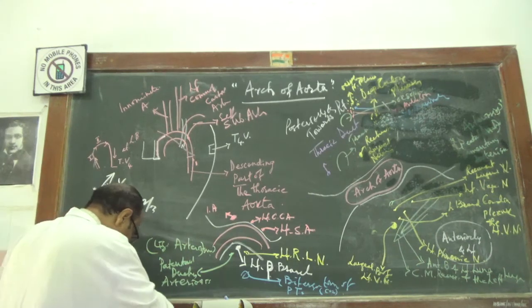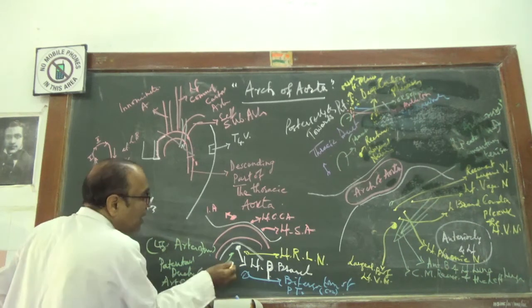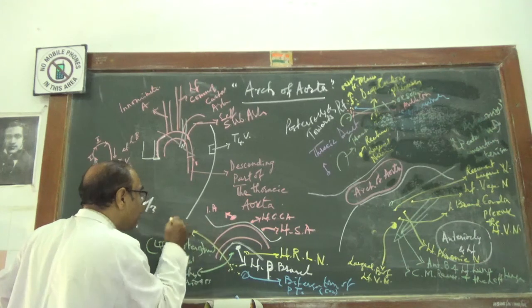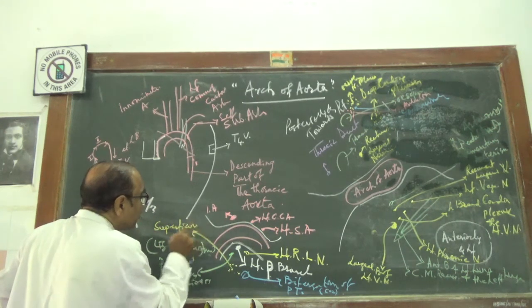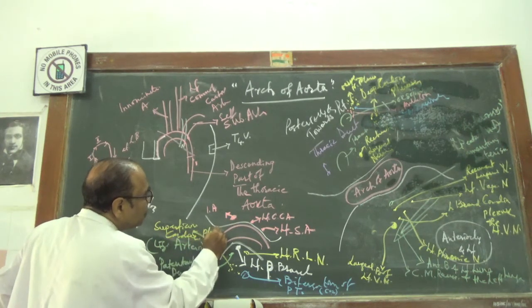of aorta. Then there will be another plexus. Now this plexus inferiorly is the superficial cardiac plexus of nerves.